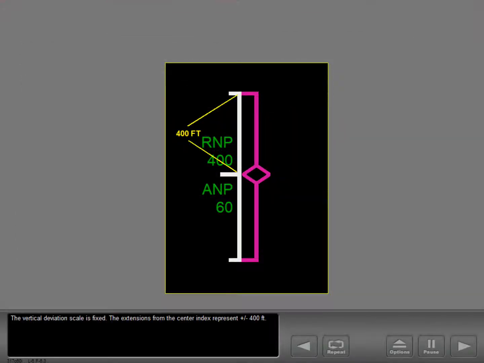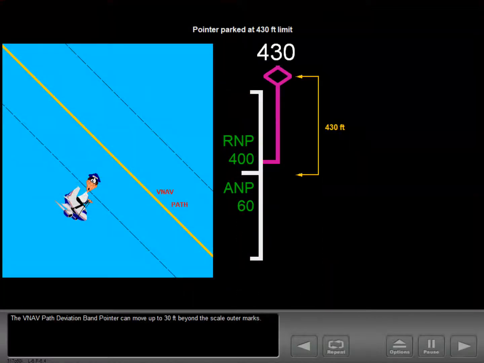The vertical deviation scale is fixed. The extensions from the center index represent plus or minus 400 feet. The VNAV path deviation band pointer can move up to 30 feet beyond the scale outer marks.